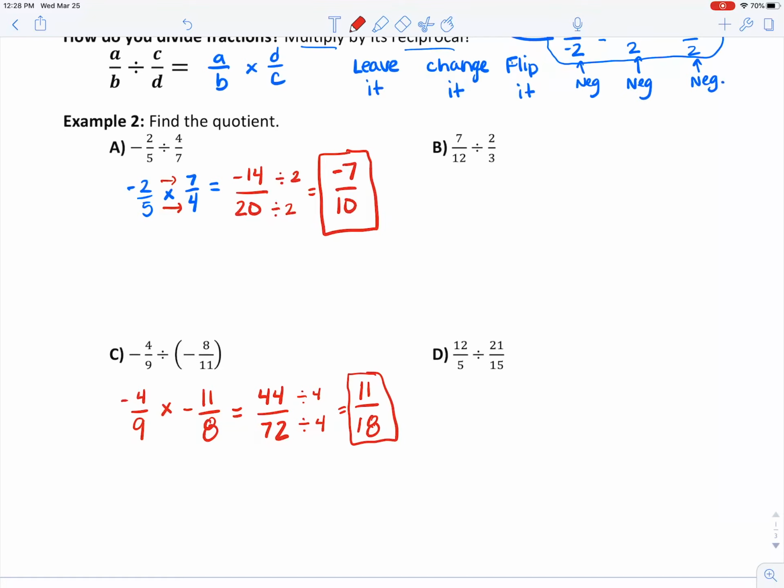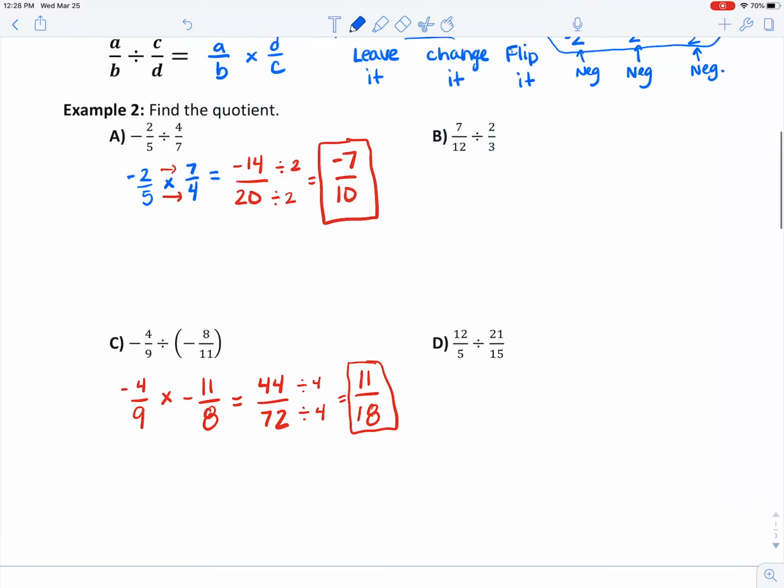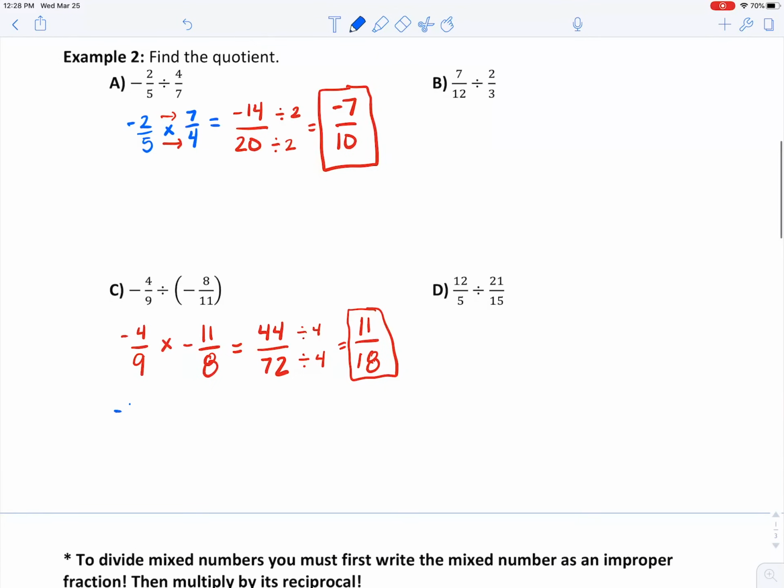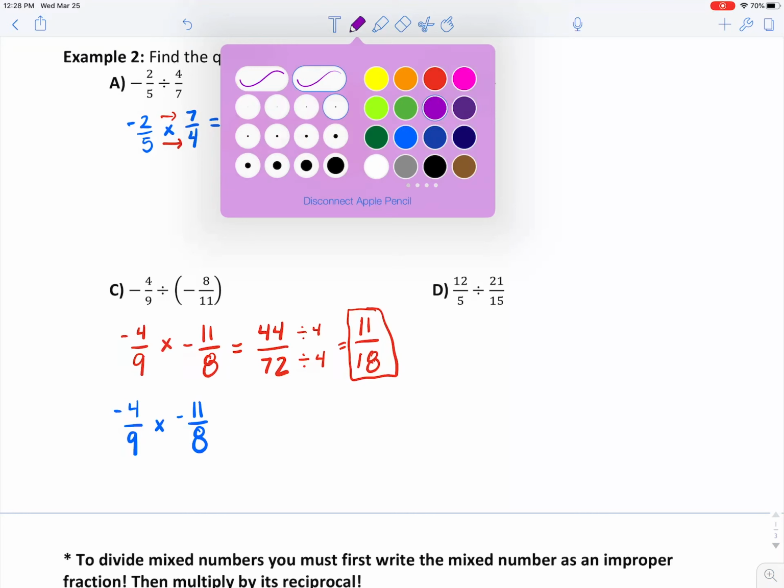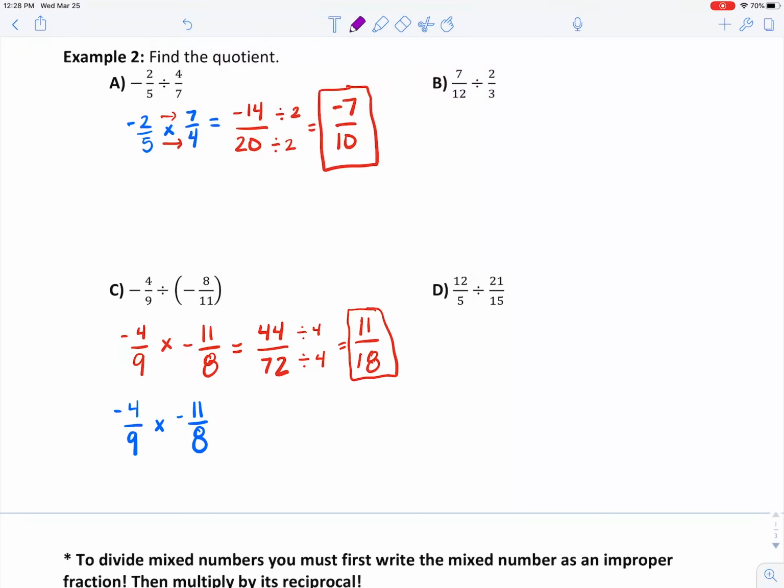And there actually is. Let me rewrite this original problem right below here, and let's learn something that's kind of cool. So I'm going to rewrite this just like we had up above. Now, I notice that this 4 and this 8, both of those numbers can be divisible by 2.